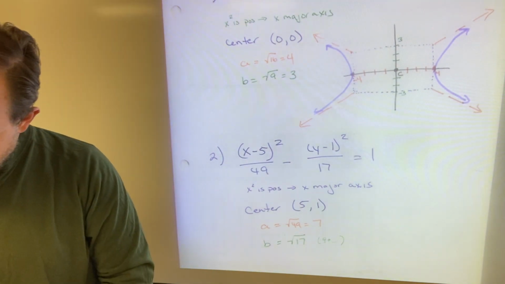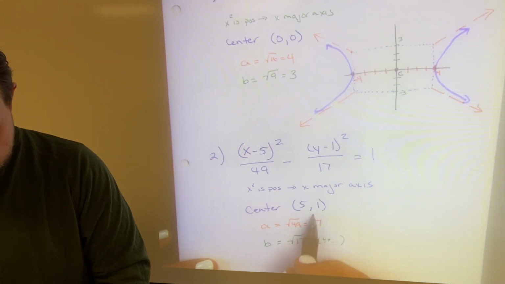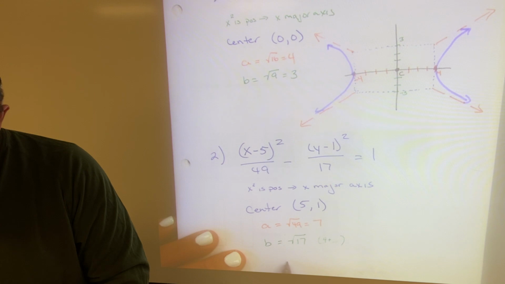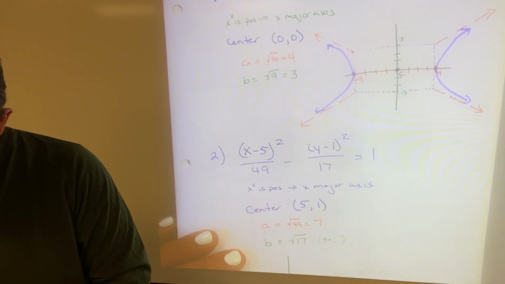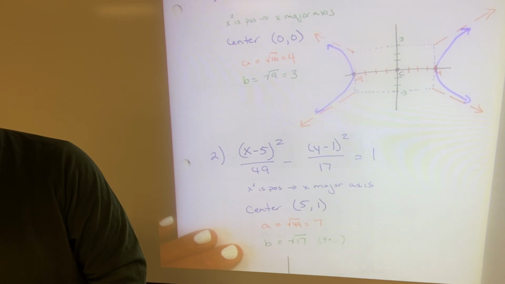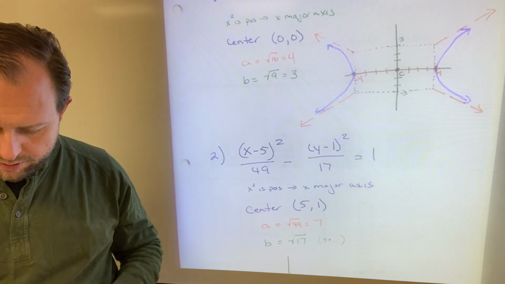Our center is at 5, 1. So if I use this as my graph down here, we're going to be at 1, 2, 3, 4, 5, and 1.